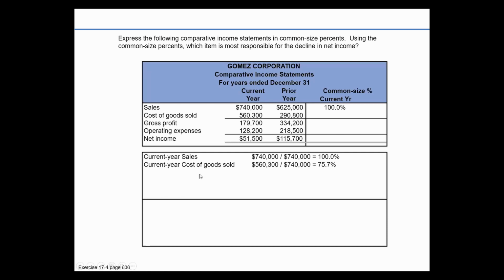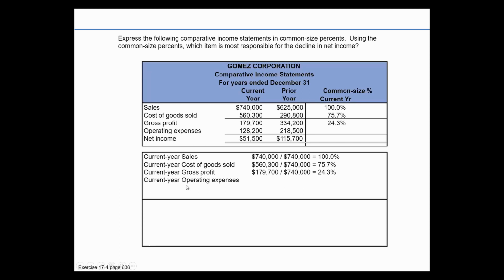So the current year cost of goods sold, we would take 560,300 divided by 740,000, which is 75.7% cost of goods sold as a percentage of sales. Gross profit would be 179,700 divided by 740,000 is 24.3%.